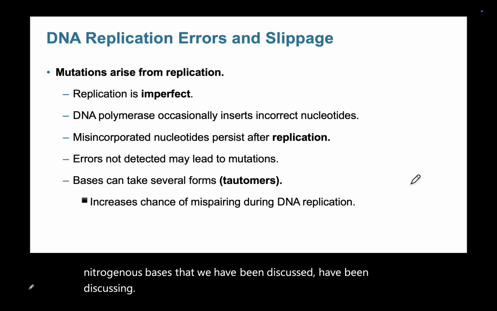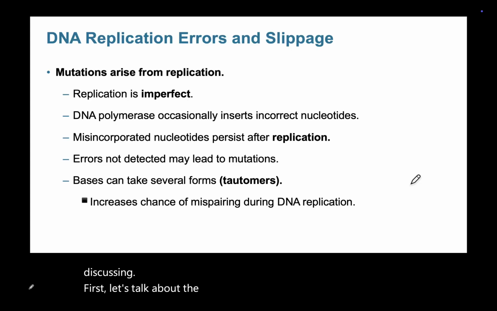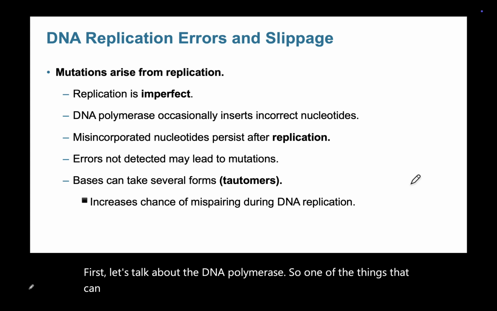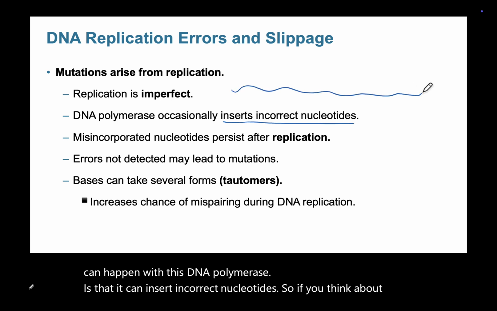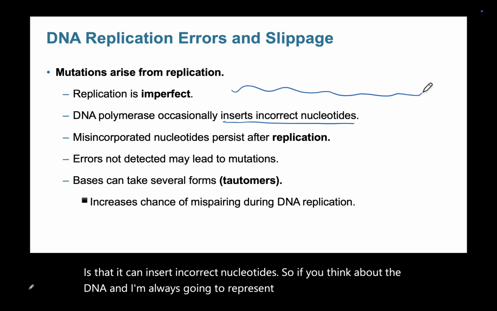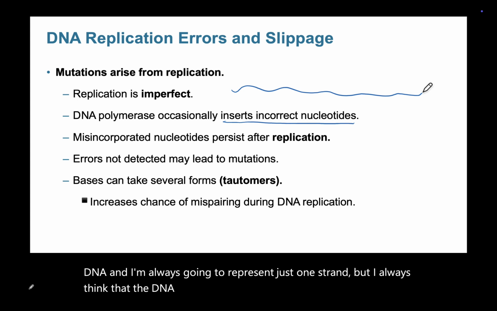First, let's talk about the DNA polymerase. So, one of the things that can happen with this DNA polymerase is that it can insert incorrect nucleotides. So if you think about the DNA, and I'm always going to represent just one strand, but always think that the DNA has two strands, right?